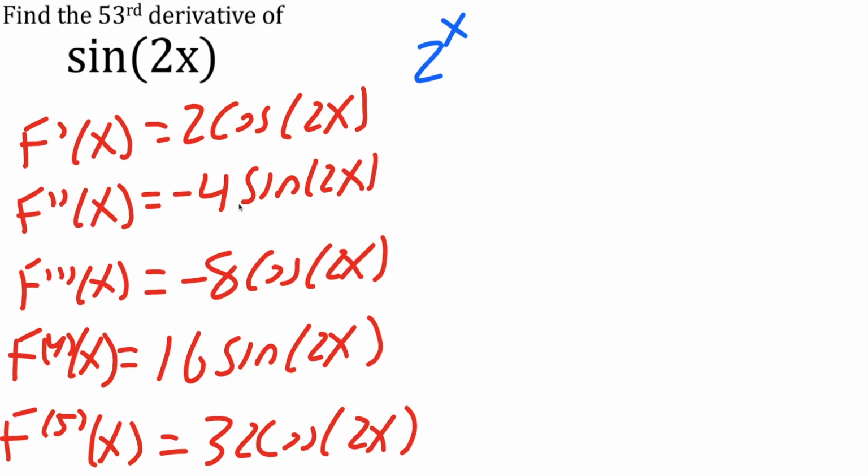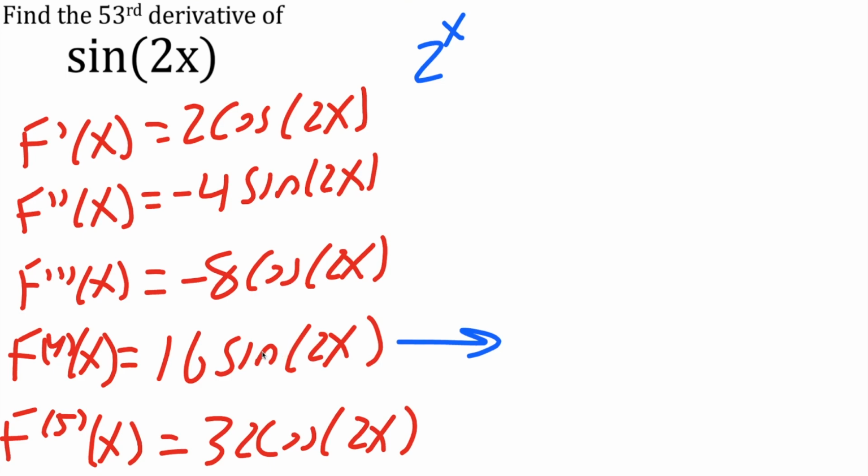Now, our sine and cosine. It starts out with sine, then cosine, then sine, then cosine. So every 4 derivatives, it goes back to sine, because the fifth one is cosine, then sine, cosine, then sine. So right away, I can say that the 8th, 12th, 16th, 20th, 24th derivatives will be sine.